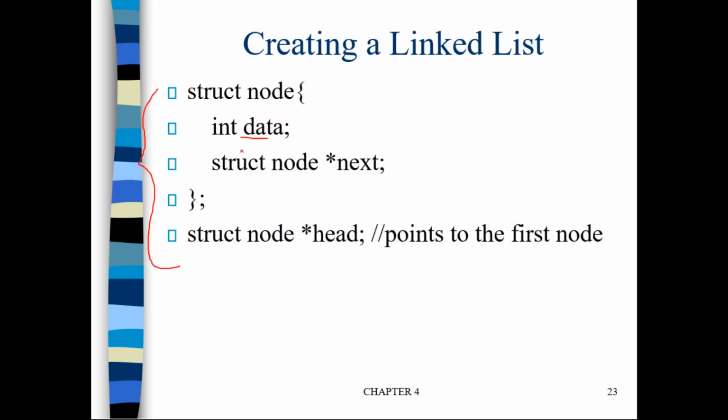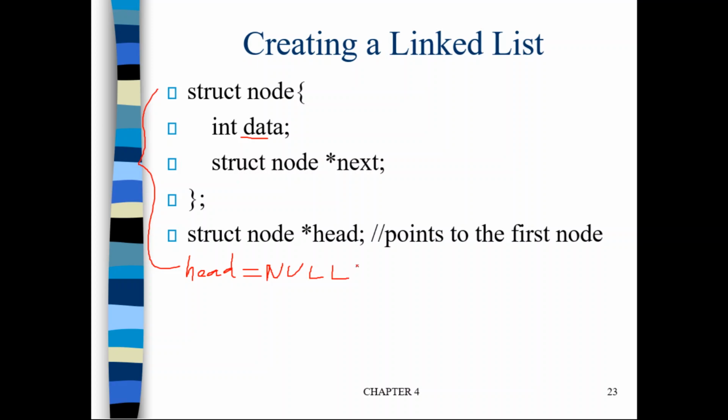But as of now, we have not created any first node. So here we will add one more statement: initially head will be null. When there is no node in the linked list, head will be null. Let us add this statement here also.